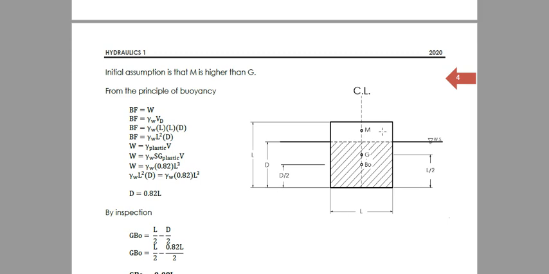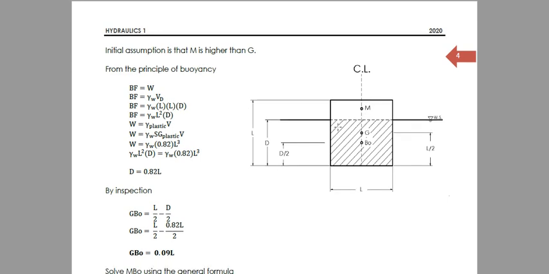So since it is a floating body, that means that the buoyant force is equal to the weight. So why do we need to apply this principle? Because we need to solve for the center of buoyancy. So remember, kailangan natin ma-solve yung MBO and GBO and we compare.